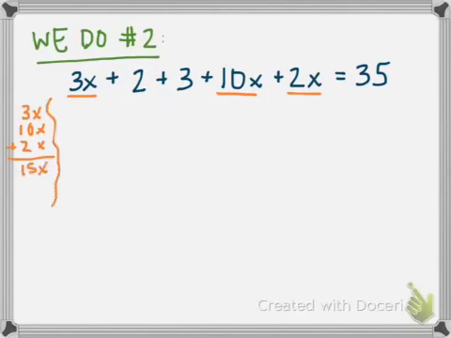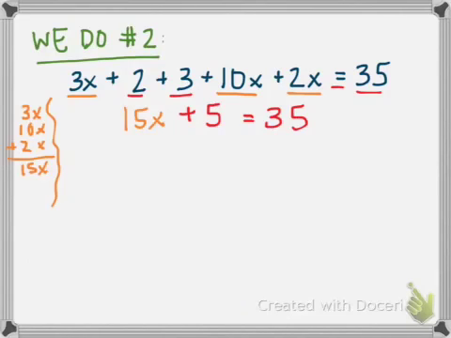I'll just draw a squiggly line there. Then I see that I can also combine the 2 and the 3. Those are also like terms because they're just constants. I know 2 plus 3 is 5, so it's plus 5 because it's positive 5. I'll bring down my equal sign and bring down my 35. So I'll bring down the rest of my equation.